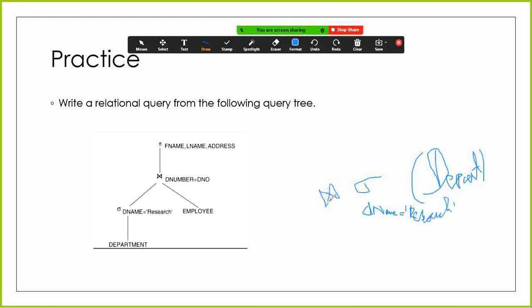We are applying a join between the result of this expression and the employee table, and we have applied this join on the condition that D number is equal to D number.